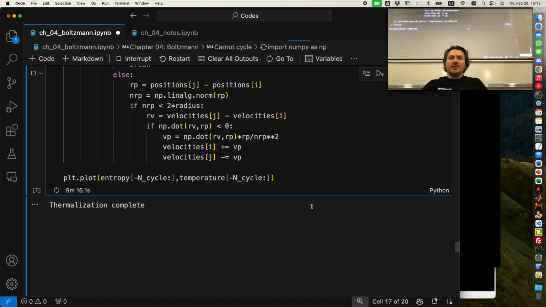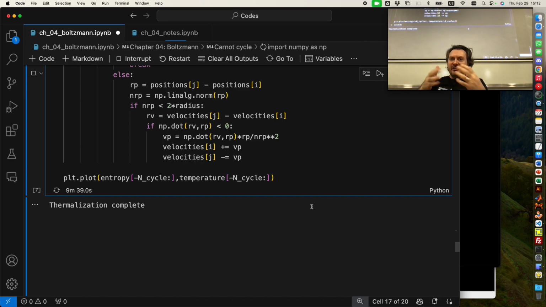What was CP? Q is C times delta T, heat capacity under constant pressure. CV is heat capacity under constant volume, CP is heat capacity under constant pressure. Does it make sense?